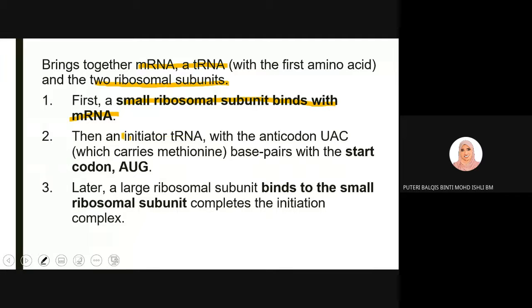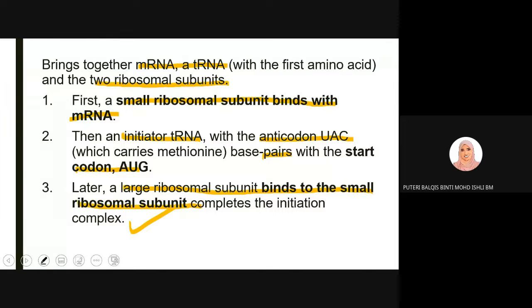Then, initiator tRNA with the anticodon UAC pairs with the start codon AUG. Then, a large ribosomal subunit binds to the small ribosomal subunit. Bila large subunit datang, translation initiation complex is complete.